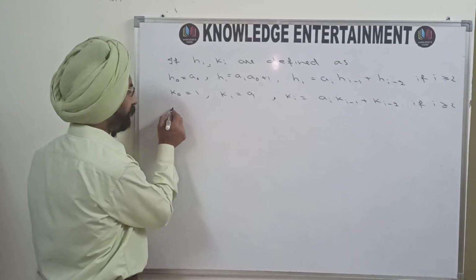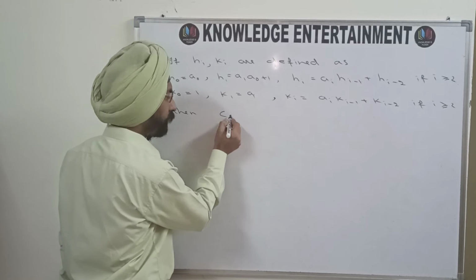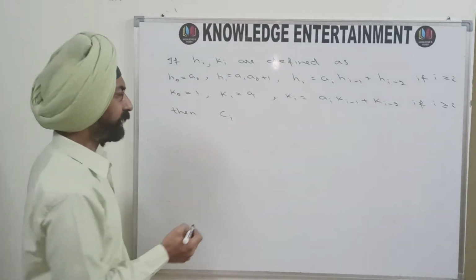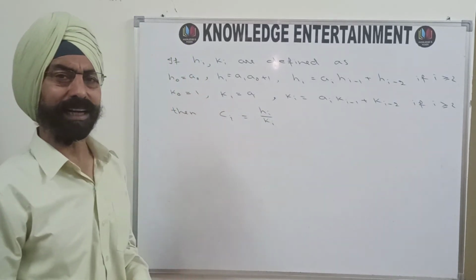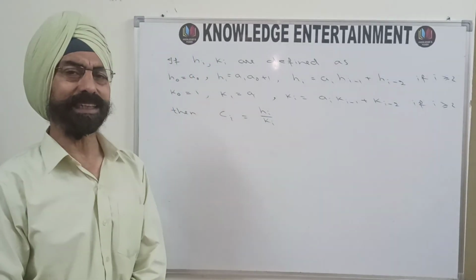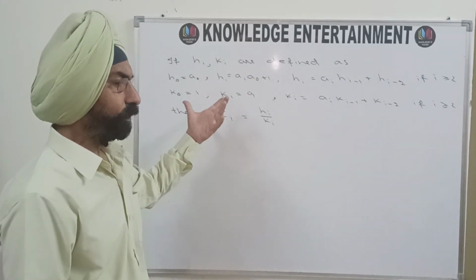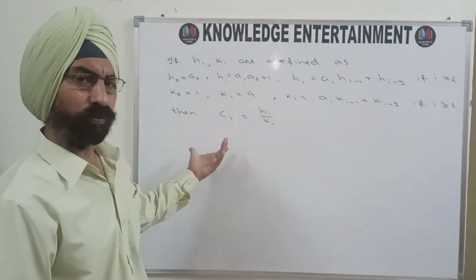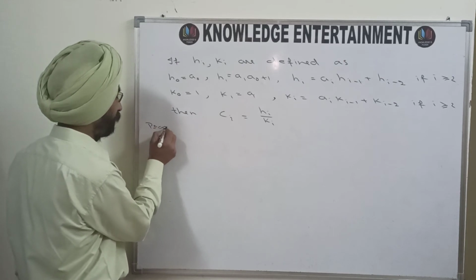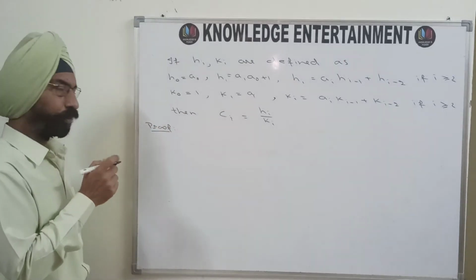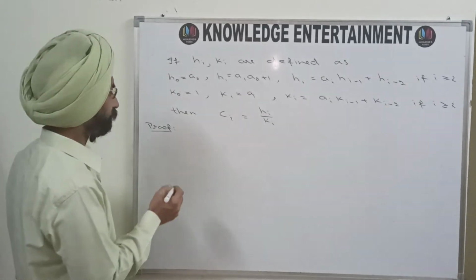Then, interestingly, your Ci, the ith convergent, is nothing but hi upon ki. This is your ith convergent if you define hi and ki in this fashion. And now we will try to prove this result. Again, we will use the principle of mathematical induction.